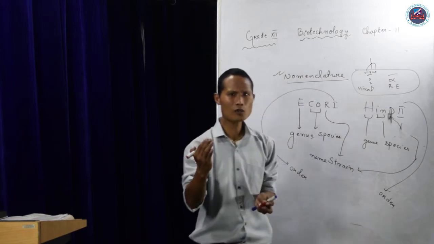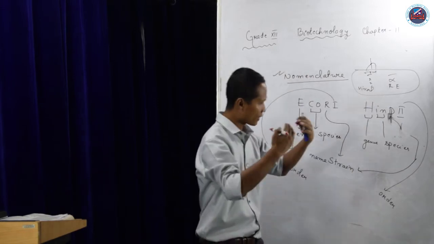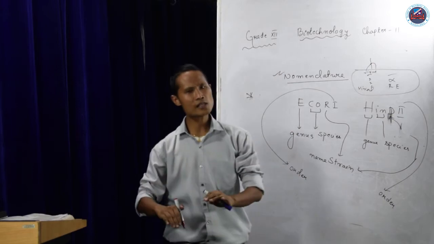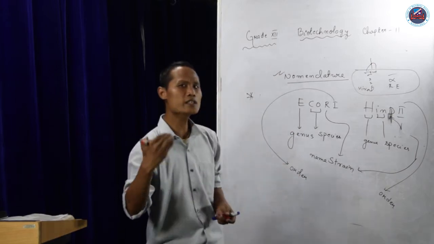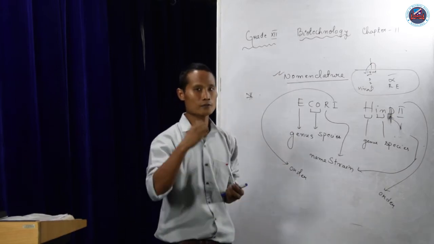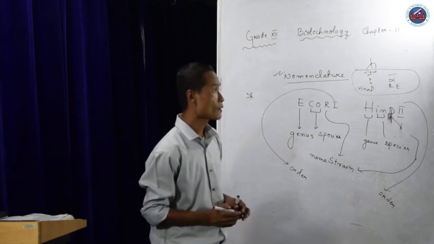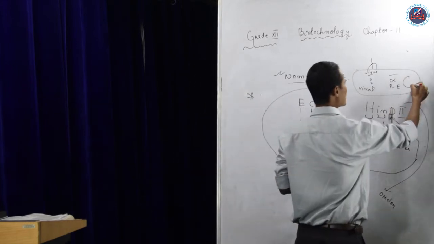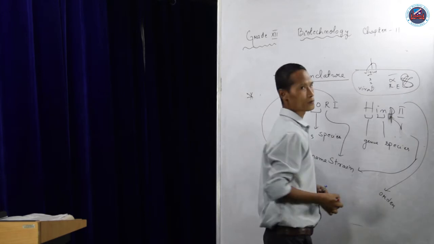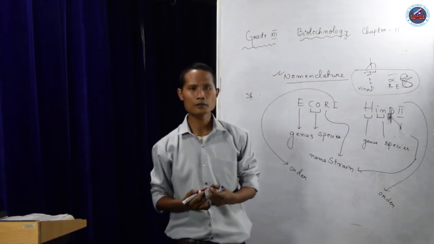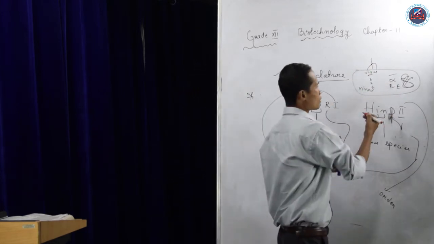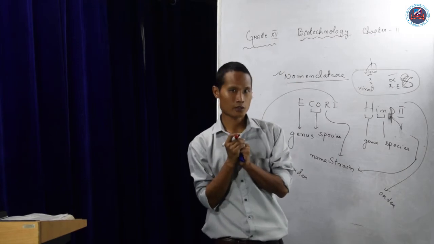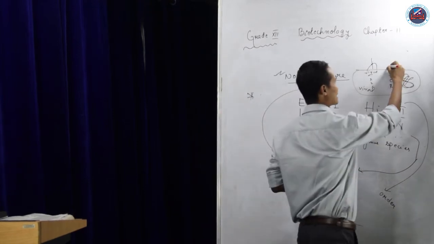So there was one question: why can bacteria having a restriction enzyme not cleave their own DNA? That has to be understood. Why can they not cleave their own DNA? They also have their own genetic material. Because they go through certain modifications, and that is called methylase.